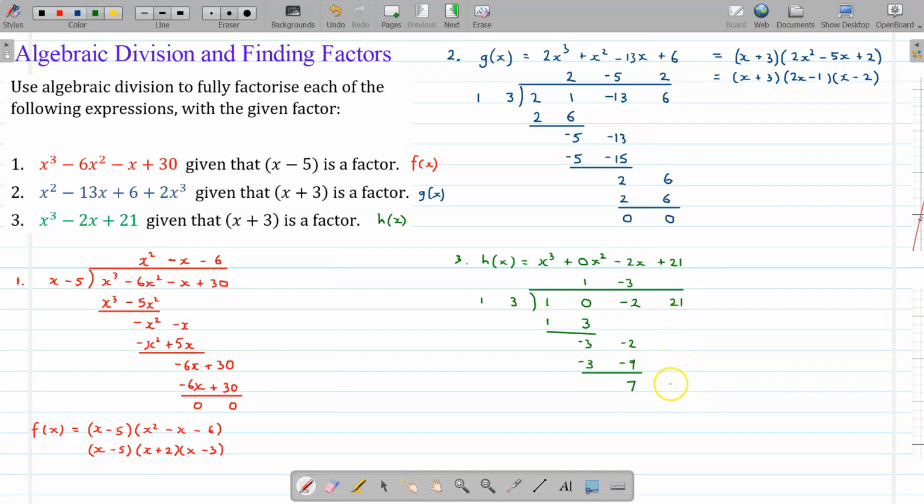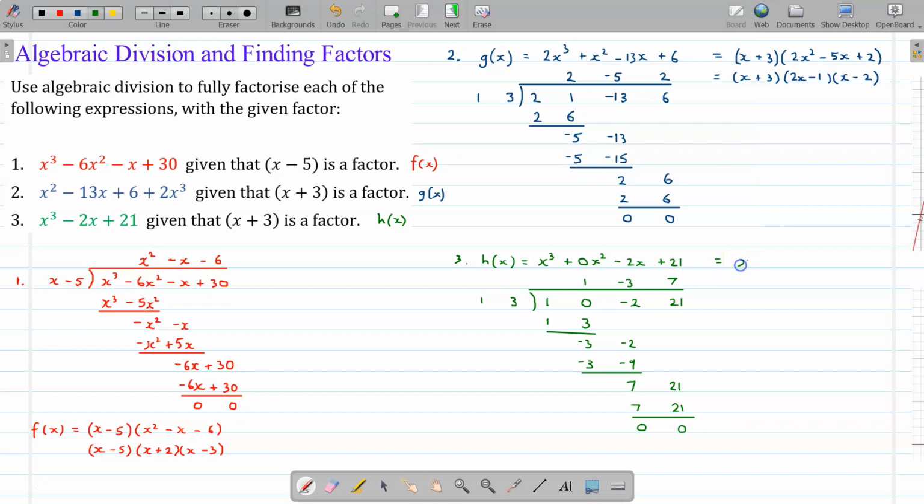Bring down the 21. We expect it to go exactly with no remainder. Well, it does. 1, 3 goes into 7, 21 exactly 7 times. 7 times 1, 3 is 7, 21, and we can show yet again no remainder because it's an exact division there.